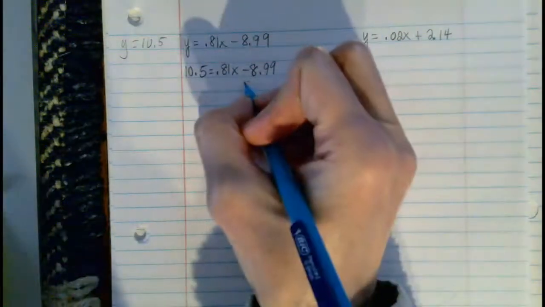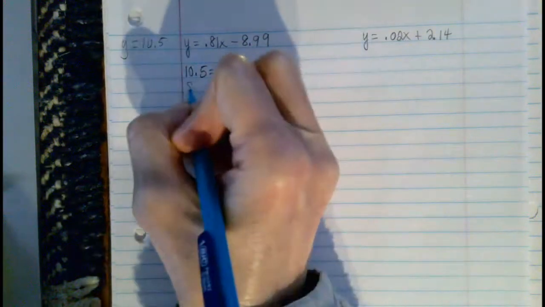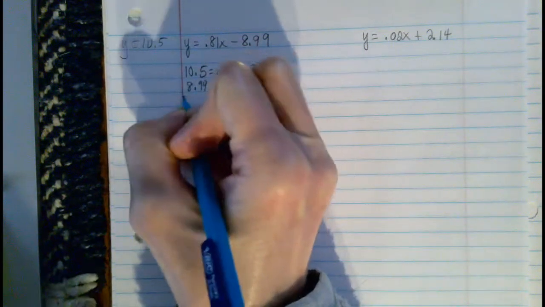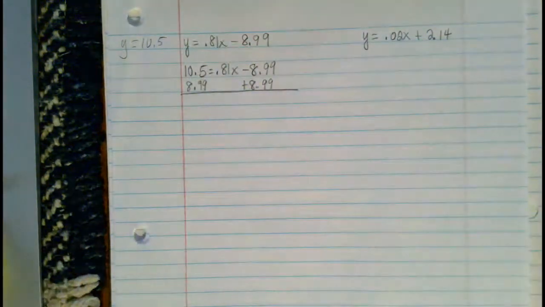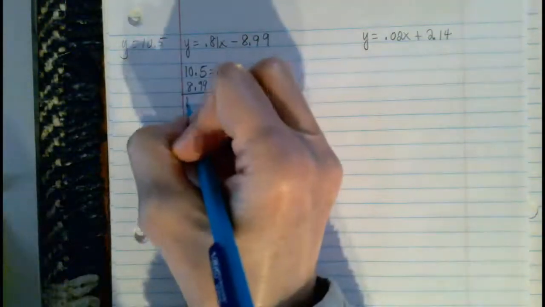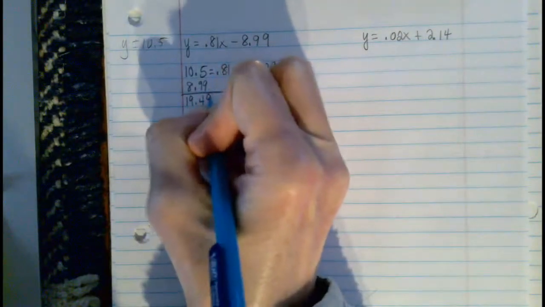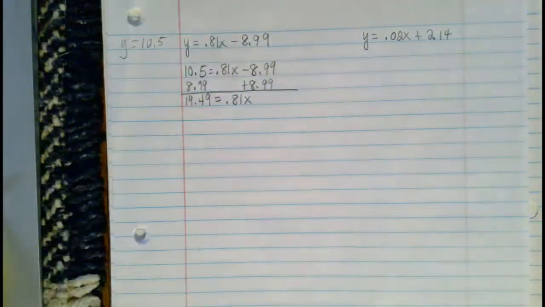We'll start by adding 8.99 to both sides. Type in 10.5 plus 8.99 into Desmos, but to keep this video short, we get 19.49 equals 0.81x.